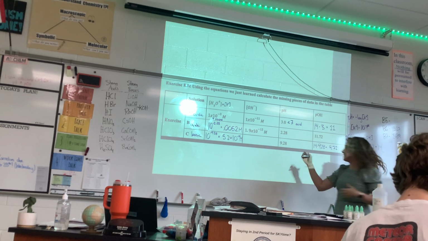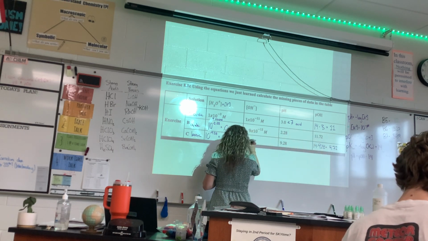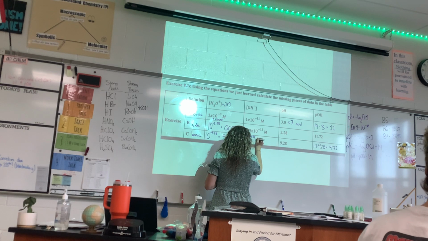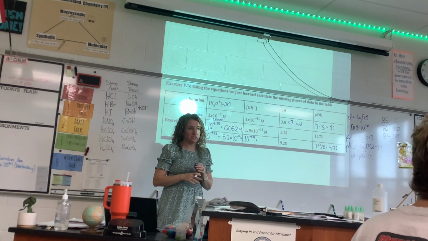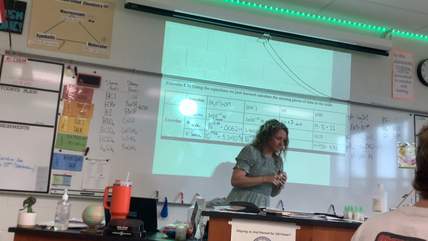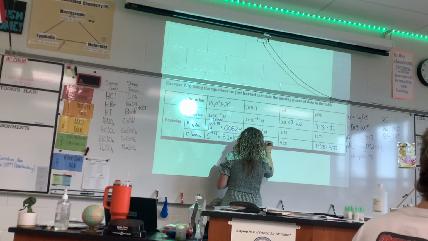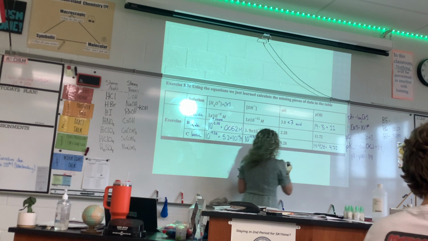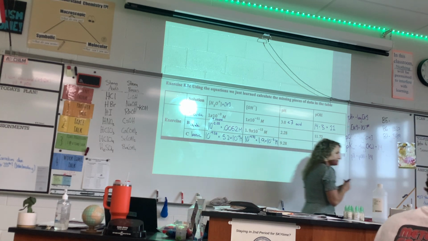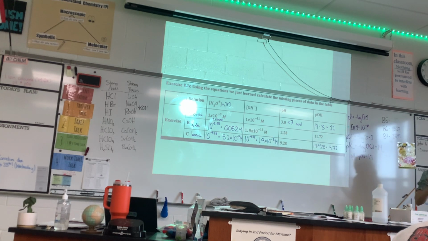And so then, now that I have this, I can do 10 to the negative 4.72 to find my OH, which is 1.9 times 10 to the negative fifth. So it's kind of like a Sudoku type idea. You have a lot of equations, you have some pieces, use the equation that finds the missing hole for you.